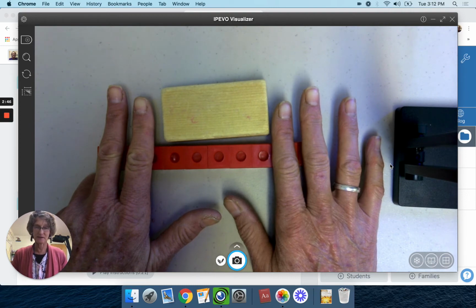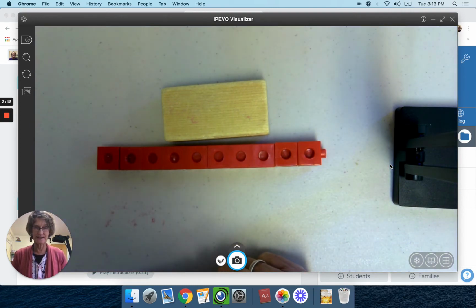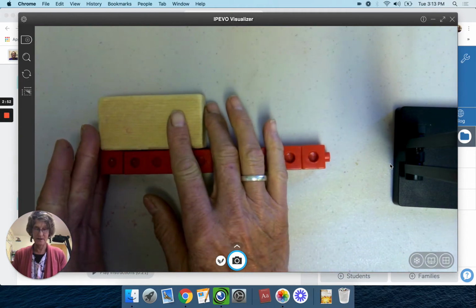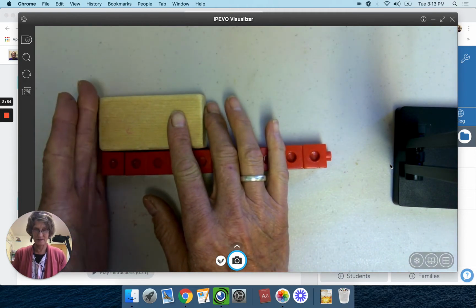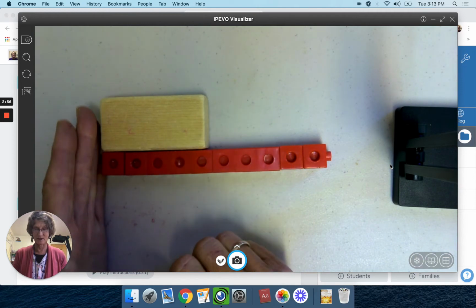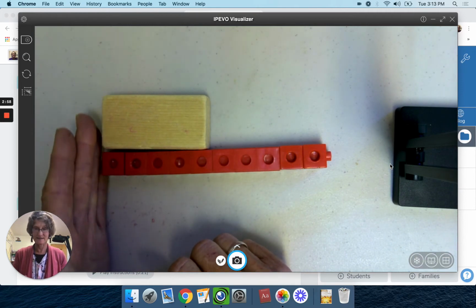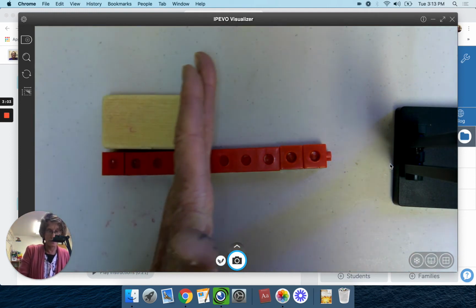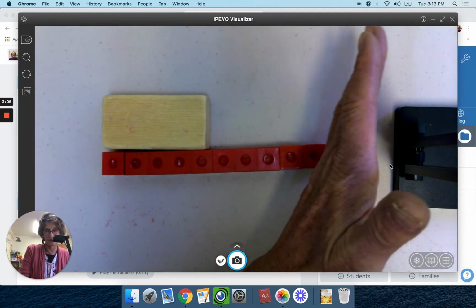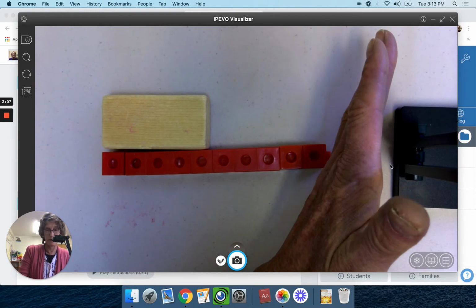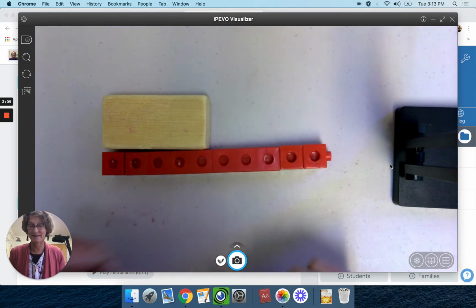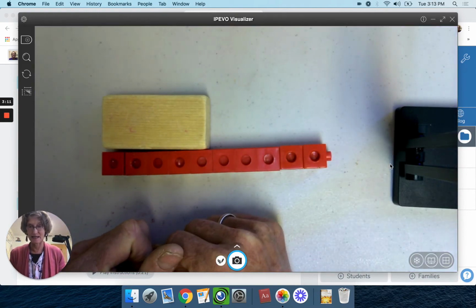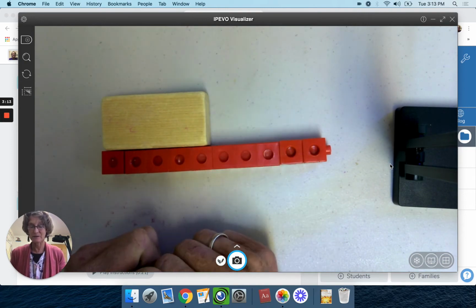But it's still a little harder to see than here. When they're lined up, they're both starting at the same place, like starting a race at the same place, and you can see the tower of 10 goes on longer. You see more red. It's another way to say it. Okay, so the tower of 10 is longer than the block.